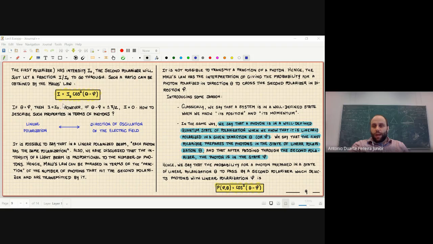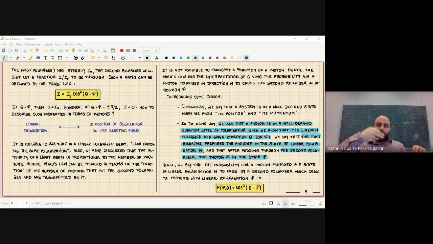I divided by I naught gives you a measure of the probability that a photon polarized in the theta direction will pass through a polarizer with direction phi. After the second polarizer, I will have photons polarized in the phi direction.